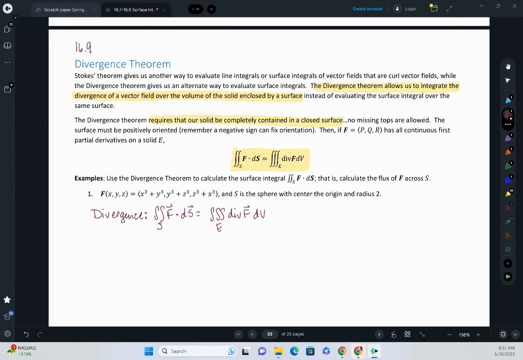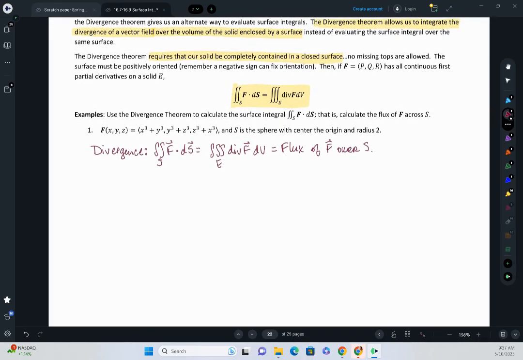And since we know that the surface integral of a vector field calculates flux, what we're learning now as well is that the triple integral over the solid of the divergence is also calculating flux of the vector field over the surface S. Okay, so let's see what we have to do to set this up.